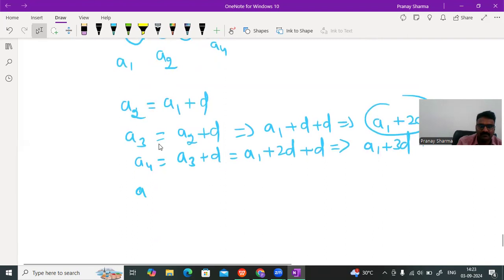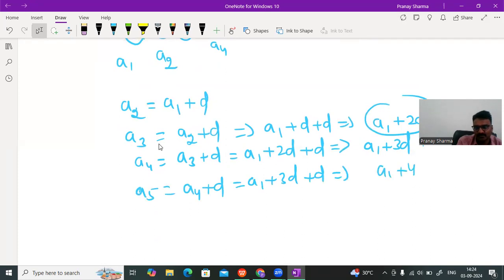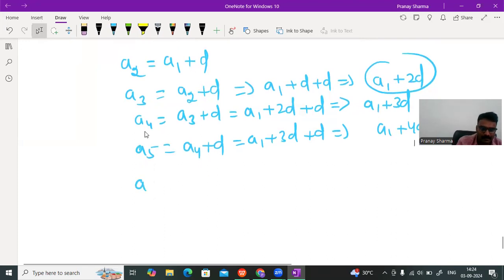Likewise, what will be A5? A5 will be A4 plus D, because if you add the common difference, then only you will get the next term. So it will be A1 plus 3D plus D. That is nothing but A1 plus 4D. So if you can observe the pattern, A2 is what? A1 plus D. A3 is what?